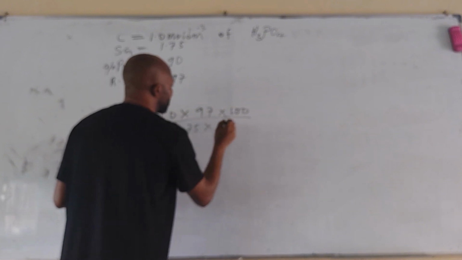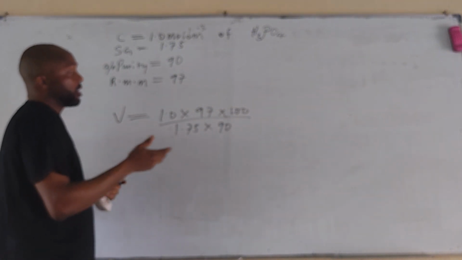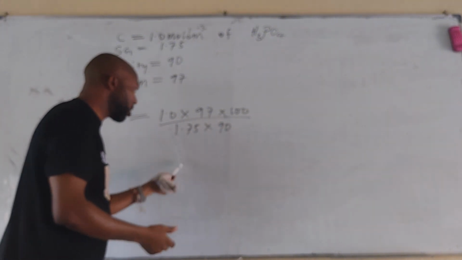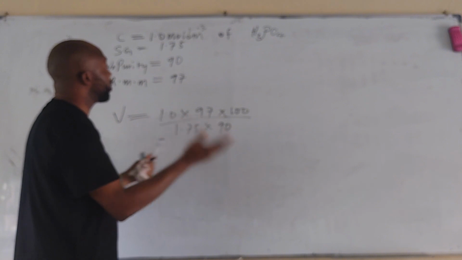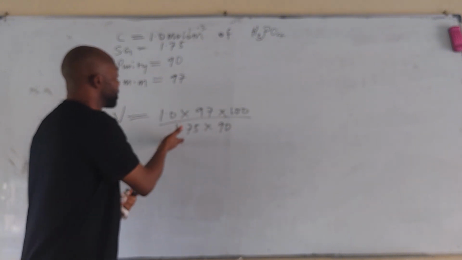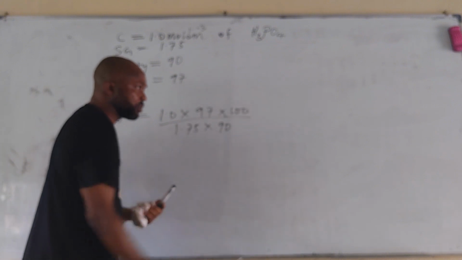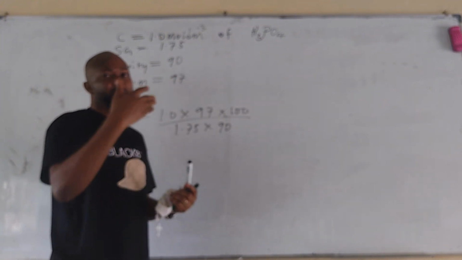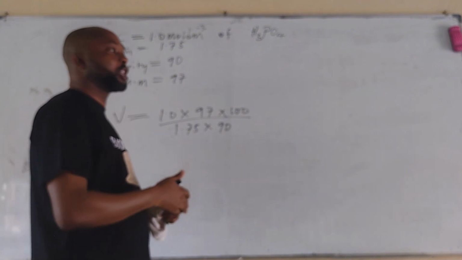Take note, I can use them interchangeably: specific gravity times percentage purity or percentage purity times specific gravity. It doesn't matter.